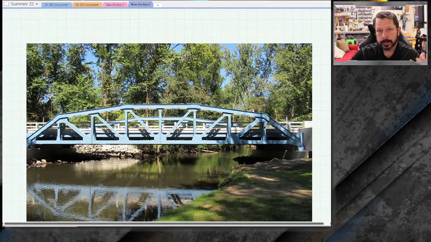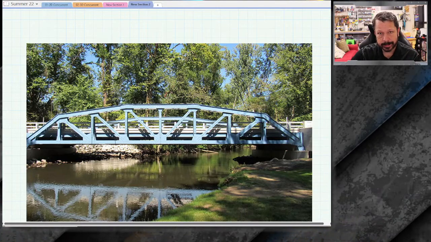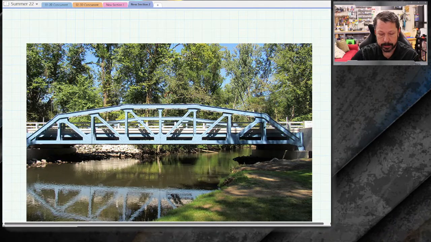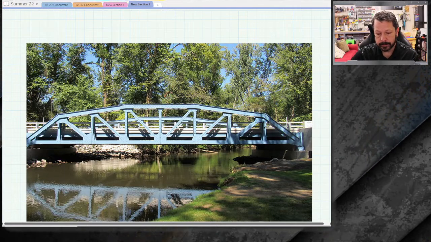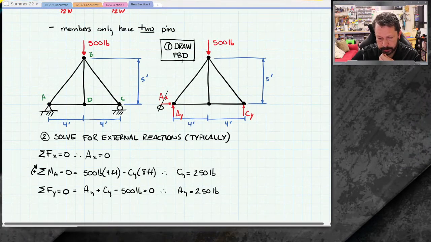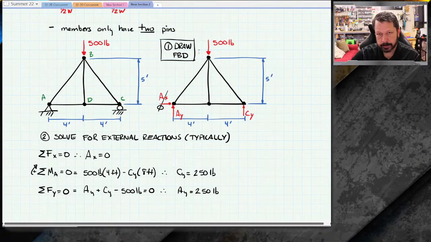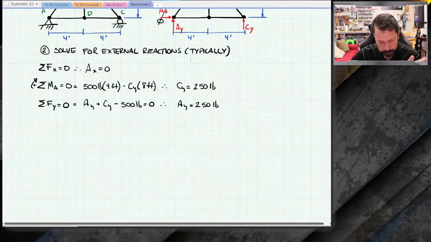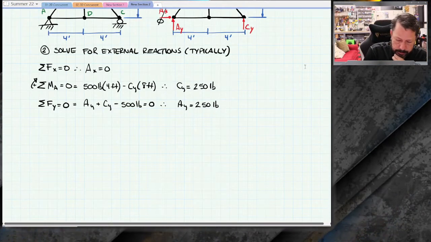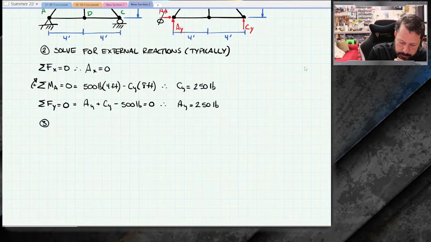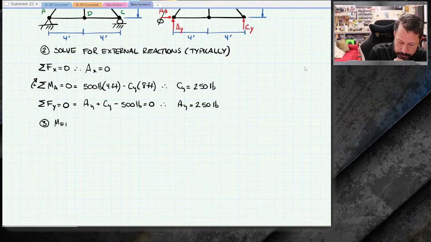Or maybe what's the most force in any member, because I want to make sure that under whatever load I simulate, the truss is not going to collapse on me. So under this loading condition, 500 pounds in the middle, what are the member forces?